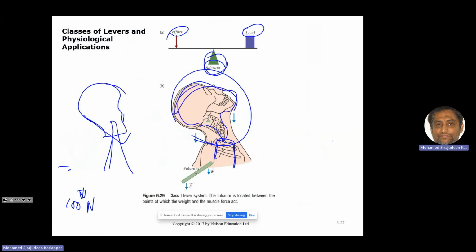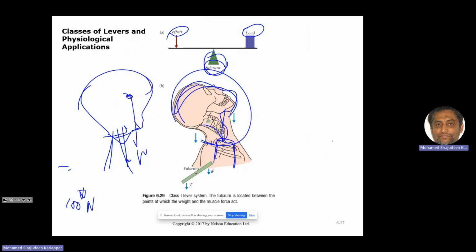Then the weight of the skull is to the left of the, I'm sorry, no. The weight of the skull is, let's say, to the right of the support. Okay, this is the skull.